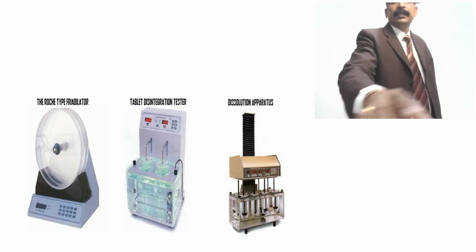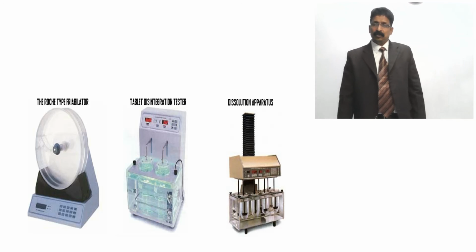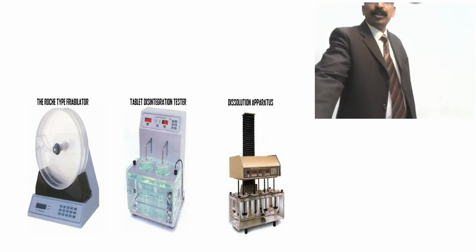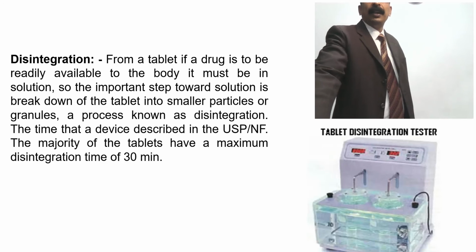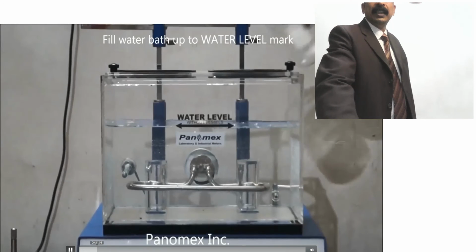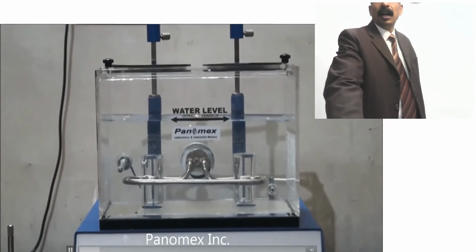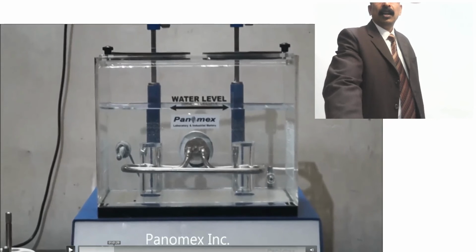These are the two very important instruments, disintegrator and dissolution, and also weight variation. For the disintegrator, there are baskets and I have given the details, but anyhow you can see this one maintains the gastric fluid.